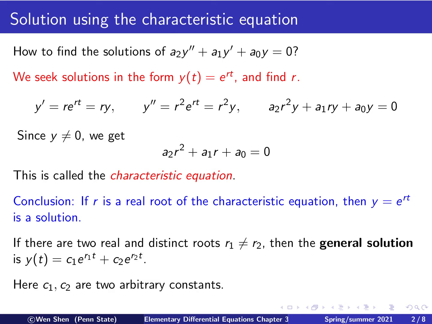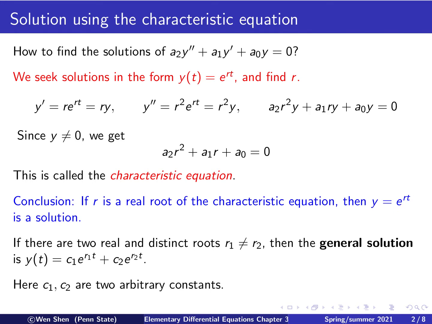We can also say the following. If the roots of this equation are two real and distinct roots, r1 and r2, not equal to each other, then e to the r1 t is a solution, and e to the r2 t is also a solution.